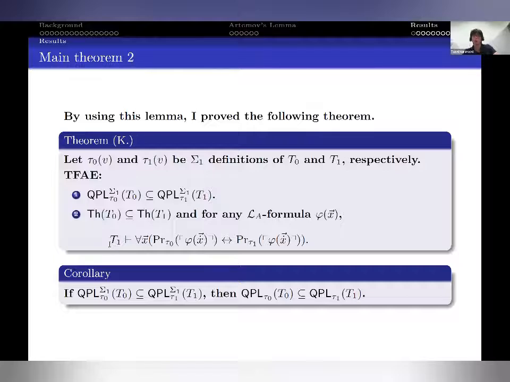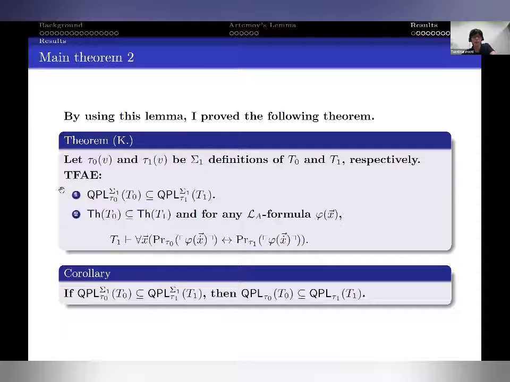So I could give a necessary and sufficient condition for the inclusion concerning Σ1 quantified probability logics. As a corollary to this theorem, if the inclusion concerning Σ1 quantified probability logics holds, then the inclusion of the usual quantified probability logics holds, because the second condition implies the inclusion of the usual version.